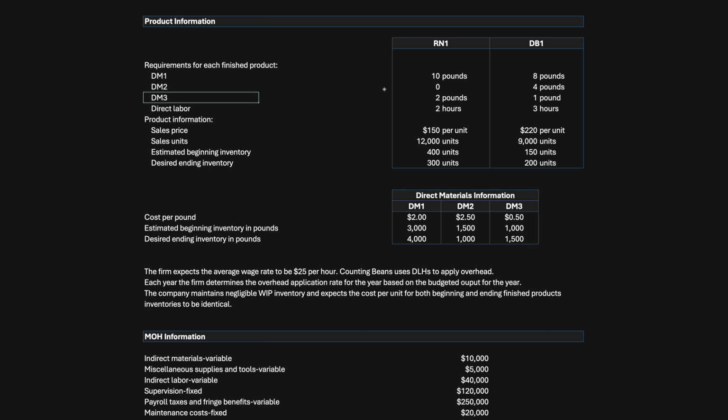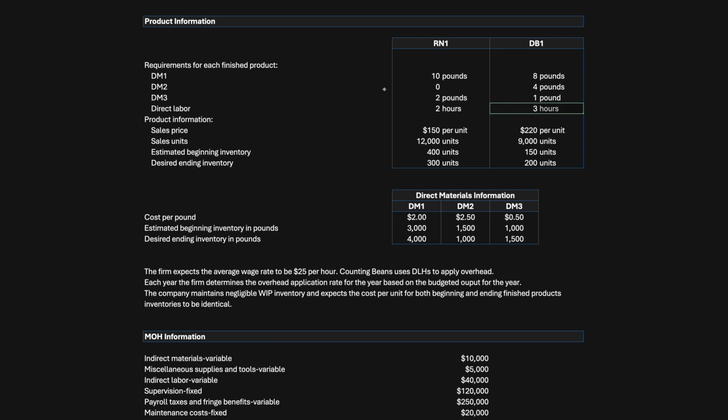And then we have the third type of bean, Direct Material 3. 2 pounds are required for every unit of RN1, and only 1 pound is required for each 1 unit of the DB1 product. Direct labor is also required. RN1 requires 2 hours of direct labor, whereas DB1 requires 3 hours of direct labor.